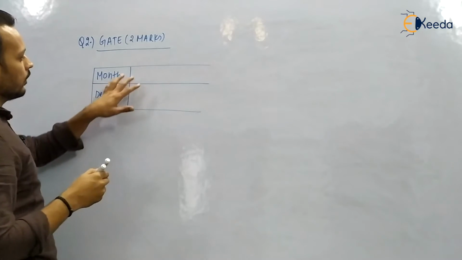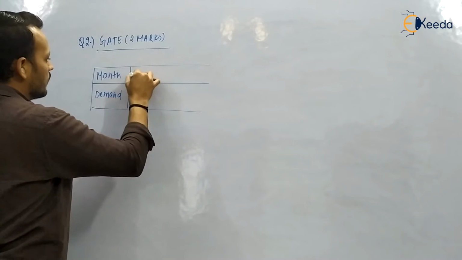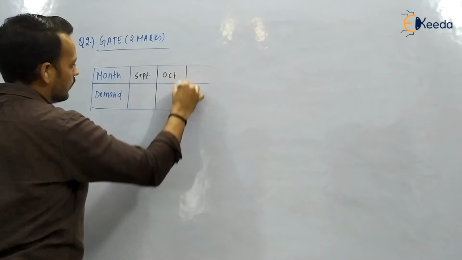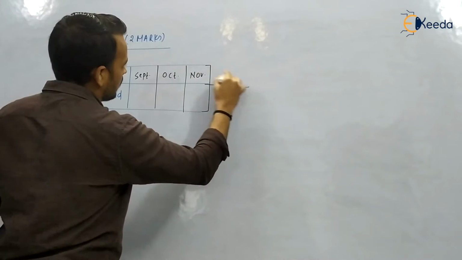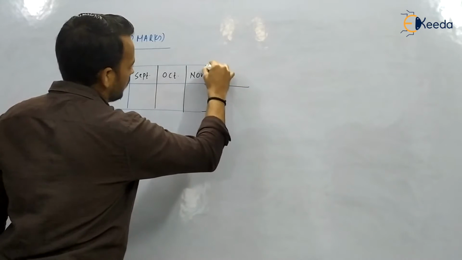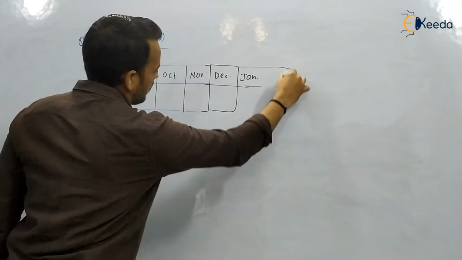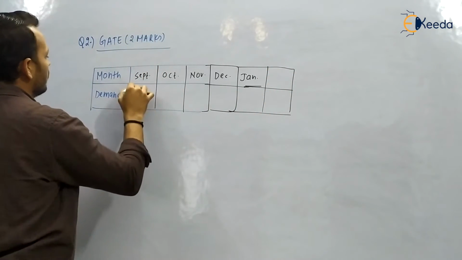We have got the data of various months. The months are September, October, November, December, Jan. So we have got this information.